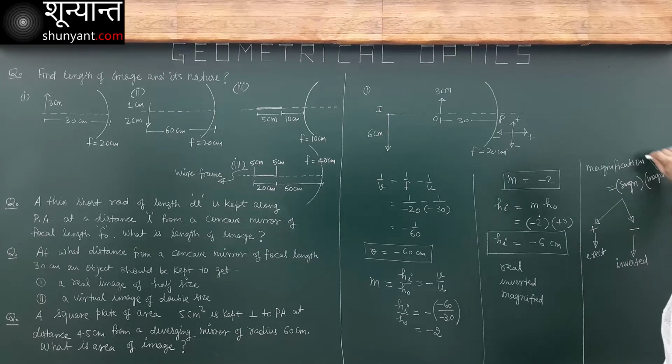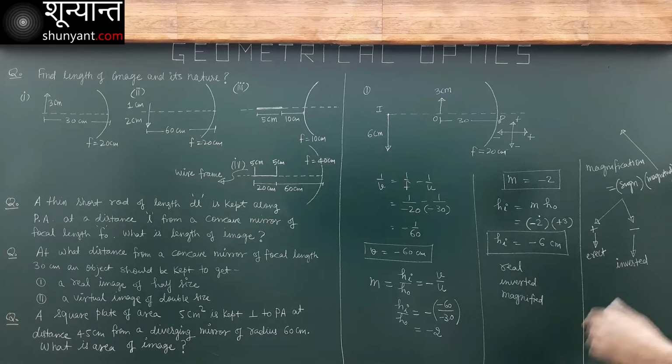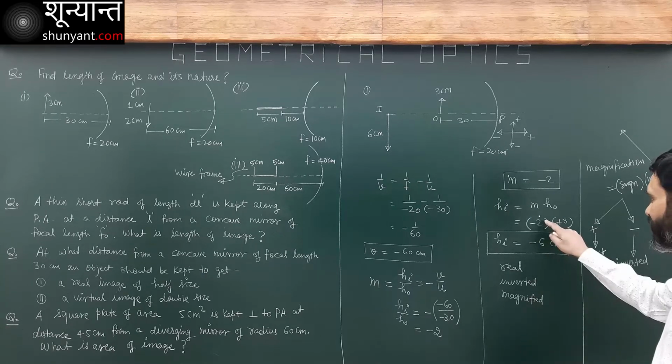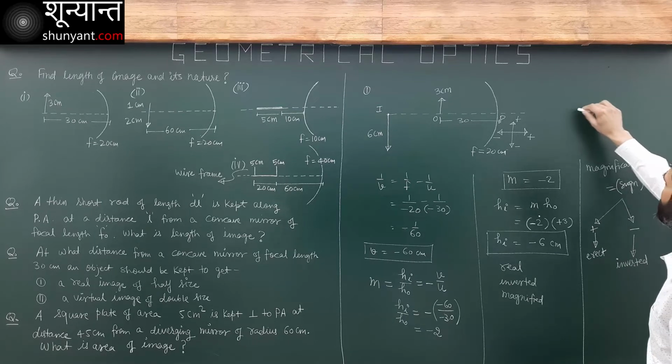That is the magnitude. If it is 2, 3, 4, 5, 6, if it is more than 1, the height of the image is going to be more than the height of the object. That means I am going to get a magnified image.